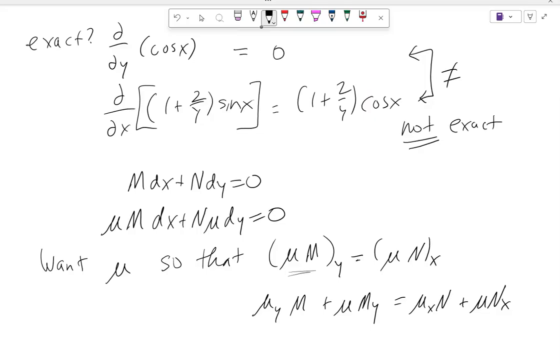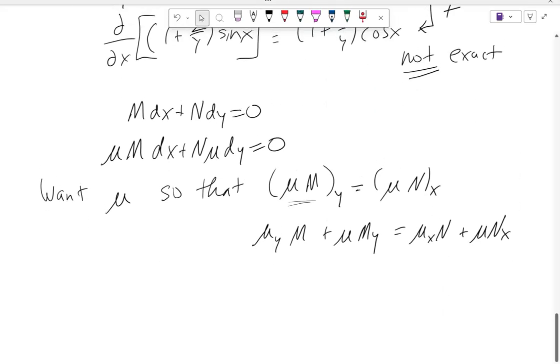Now let's gather some things. Let's gather things that have just mu's by themselves. So on the left-hand side, I can write this as mu times m sub y minus n sub x. And on the right-hand side, we would have mu sub x times n minus mu sub y times m.